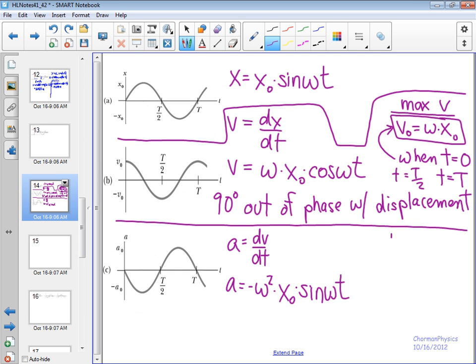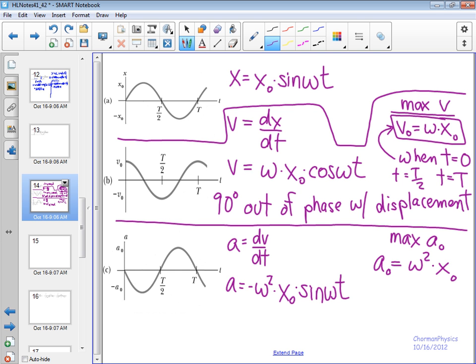Now, the maximum acceleration is going to be happening at T over 4 and 3T over 4 in terms of the period. But at those times when the sine is equal to 1, a naught will be equal to omega squared times x naught.